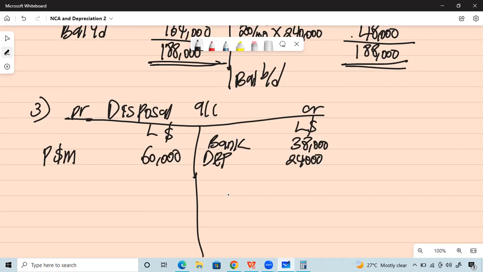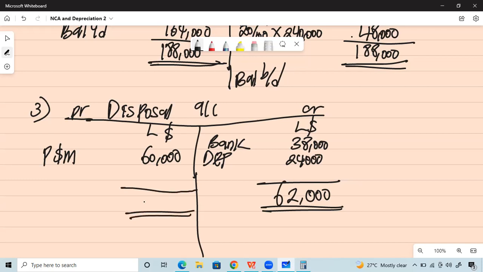So if you had 24 plus 38, that's 62. So that means that the credit side is greater than the debit.